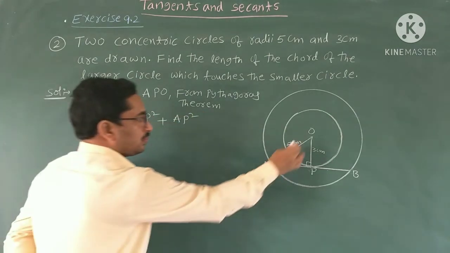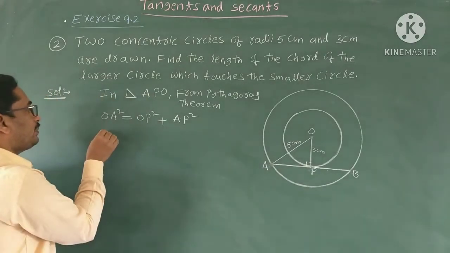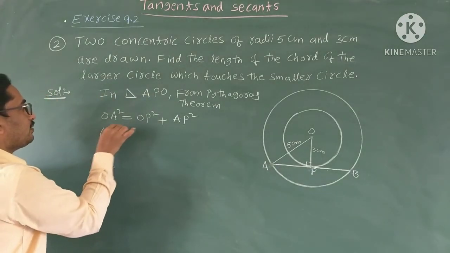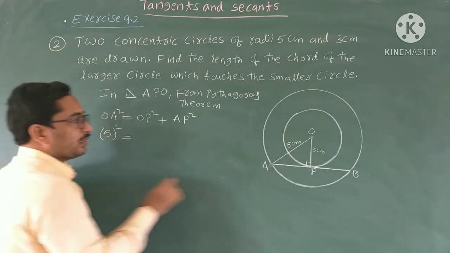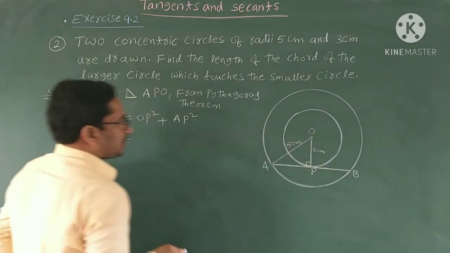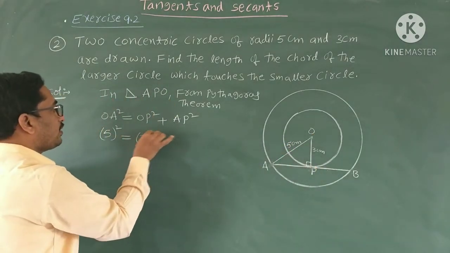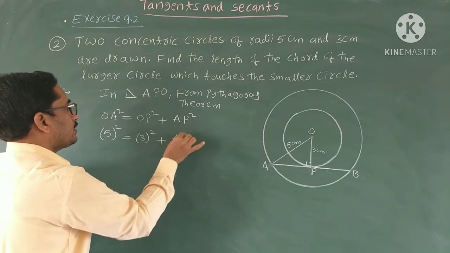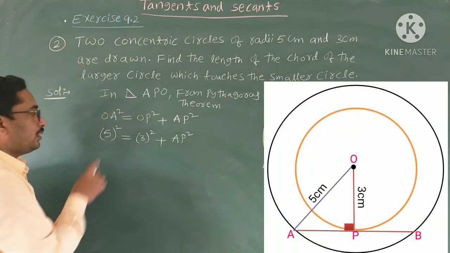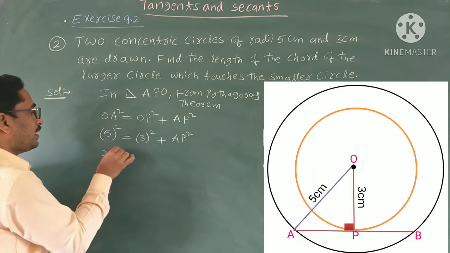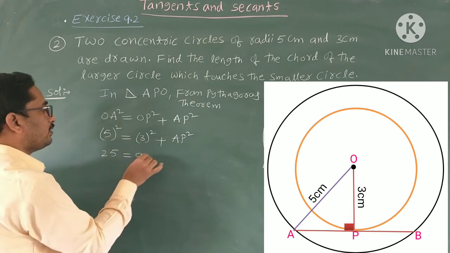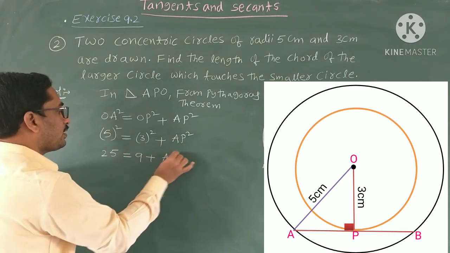OA is given as 5 centimeters, so OA squared means 5 squared. OP is given as 3 centimeters, so OP squared means 3 squared. AP squared as it is. 5 squared is 25, equal to 3 squared, 9, plus AP squared.